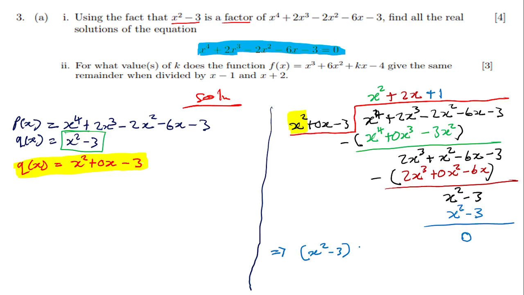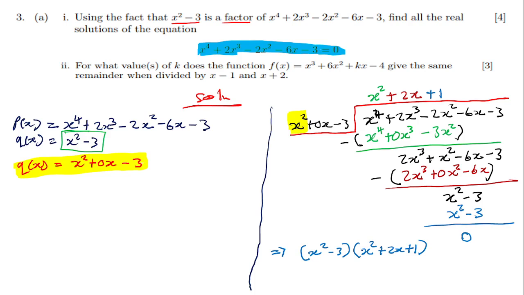Get me right, these are the two factors. So if a question is saying factorize the following, then once you are done with the long division, you're just going to end there, then you are done. Then you have factorized.